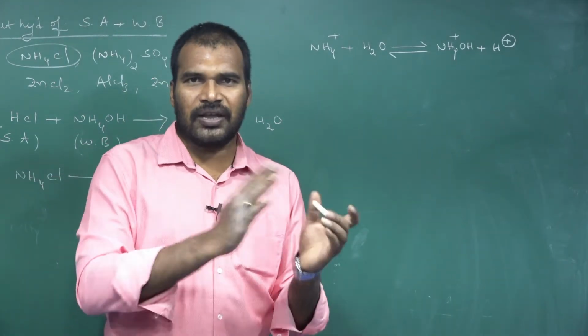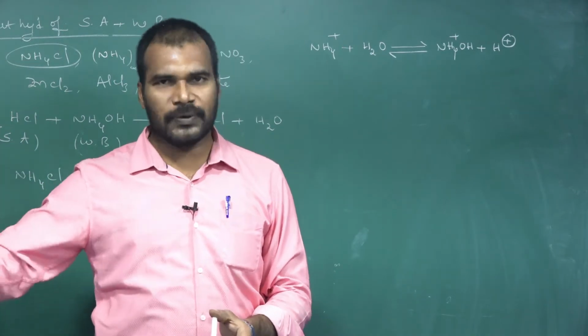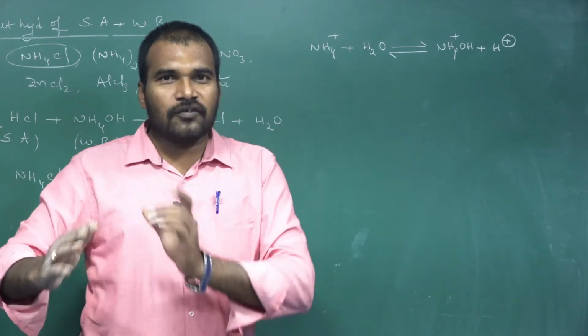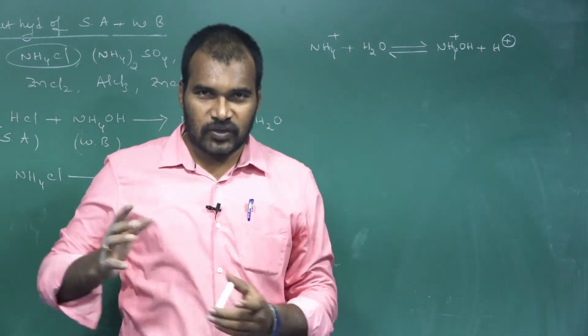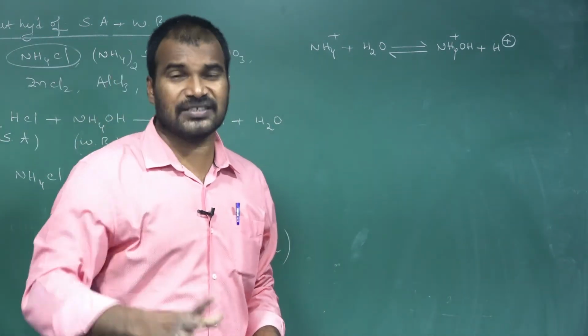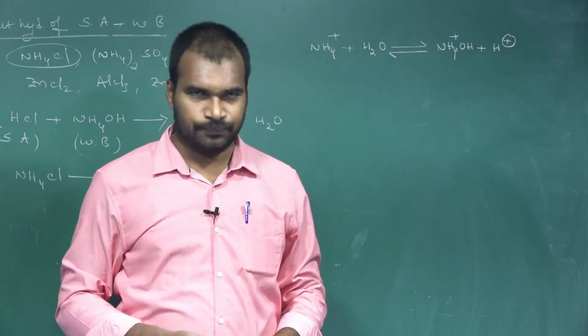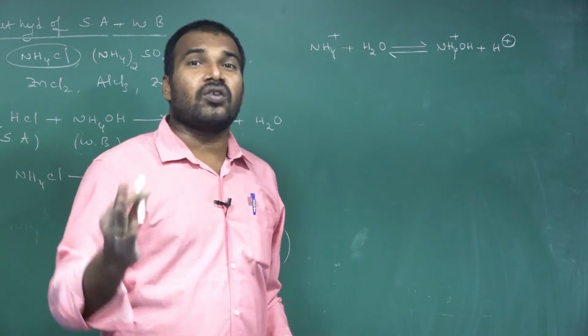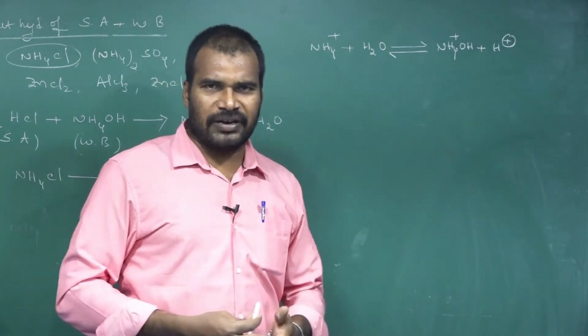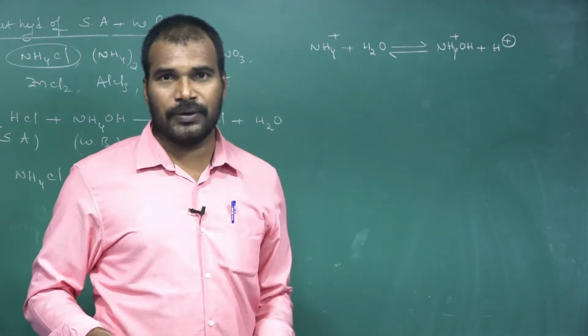What is neutralization? Acid plus base gives rise to salt plus water. Now the salt reacts with water and gives back either acid or base. So it's exactly the reverse of the neutralization reaction. And one more thing, for every reversible reaction we can write an equilibrium constant.